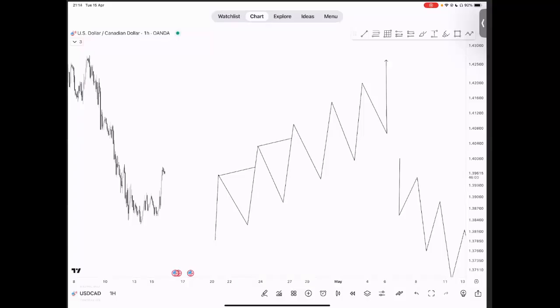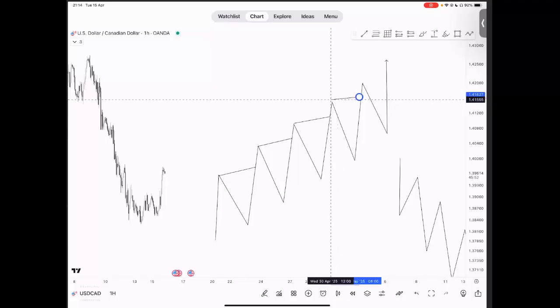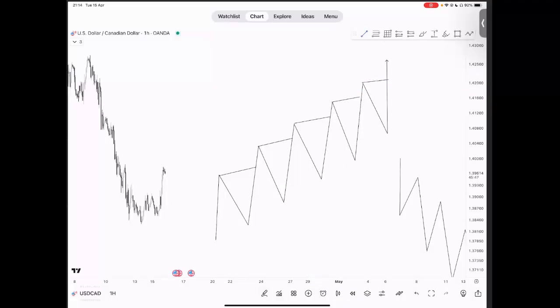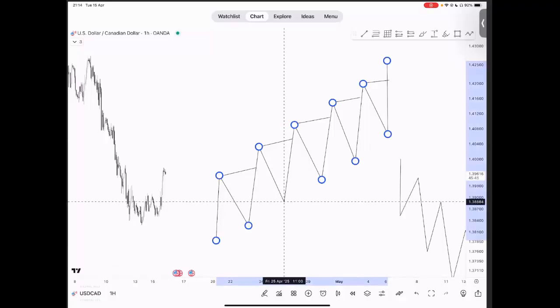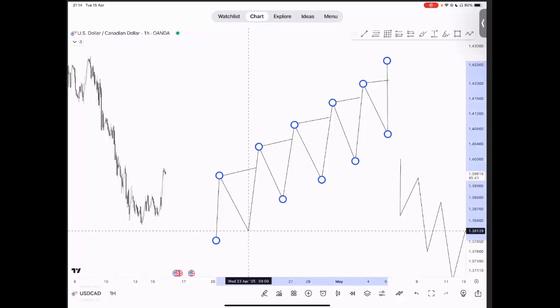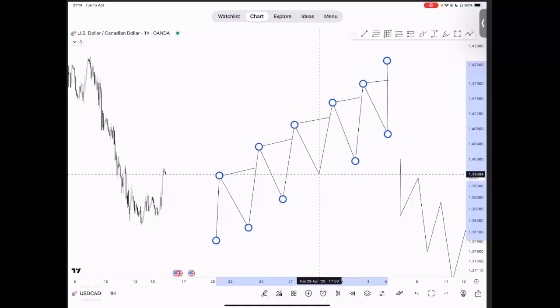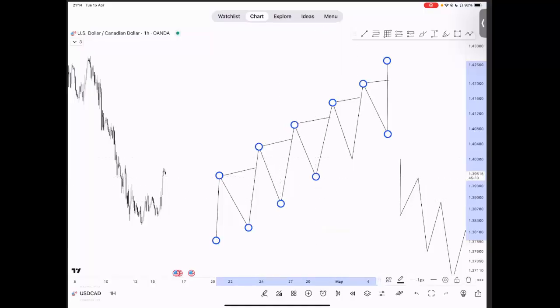So you're anticipating that for an uptrend to continue, price must keep creating higher highs that are higher than the previous highs, and lows that are higher than the previous lows. You can see this low is higher than this low, this low is higher than this low, and this last one is higher than this low.